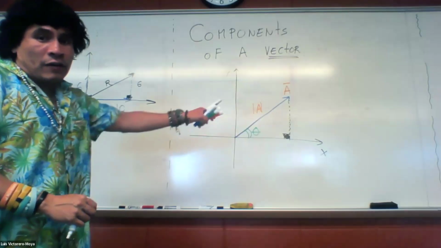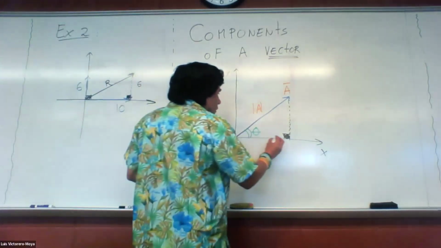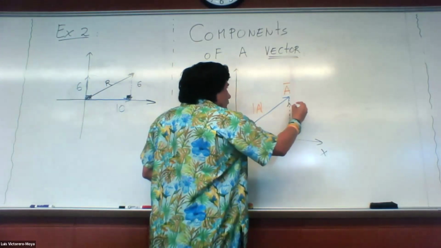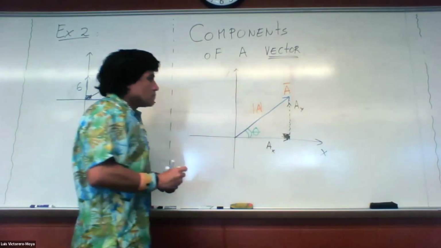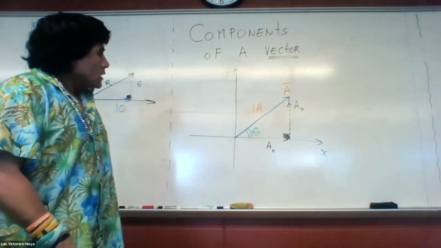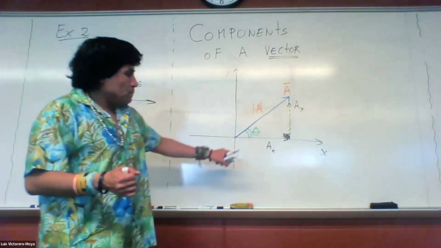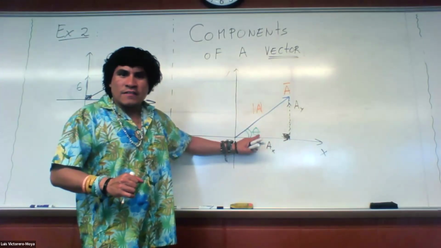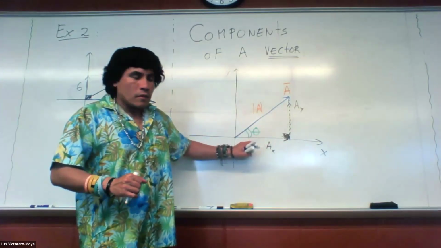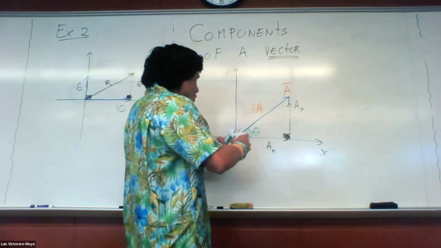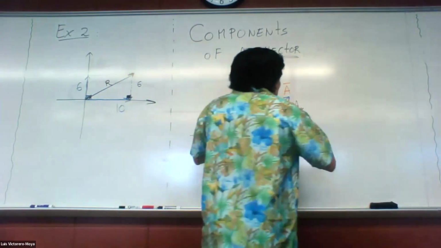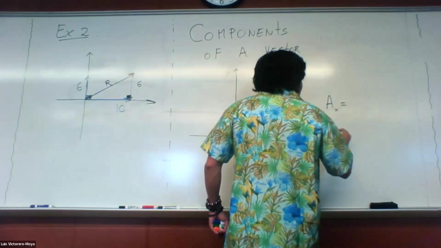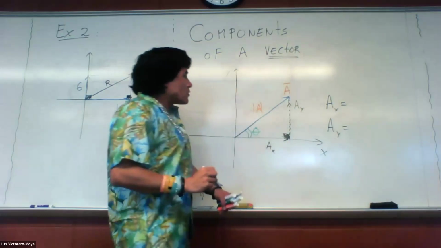And by doing that, I have a right triangle where I have the AX component and the AY component. So the AX, the horizontal, is the adjacent of this angle. So my AX, what will that be? What do you think? In terms of A.